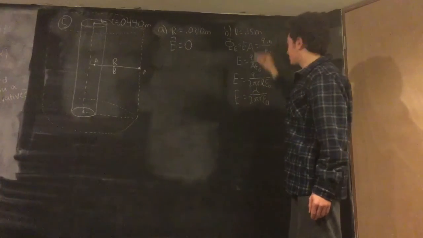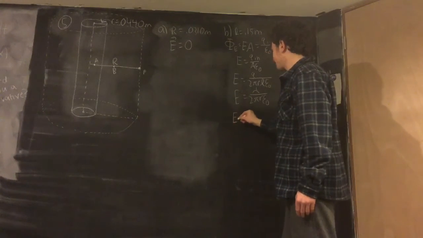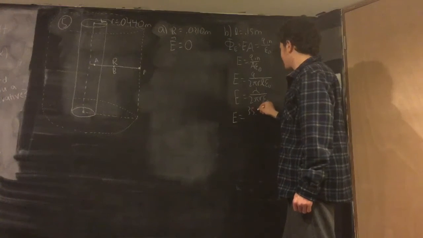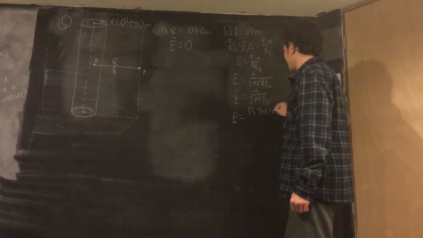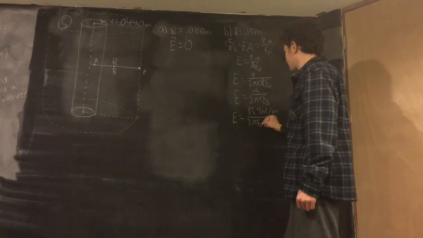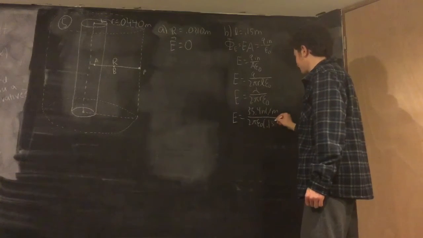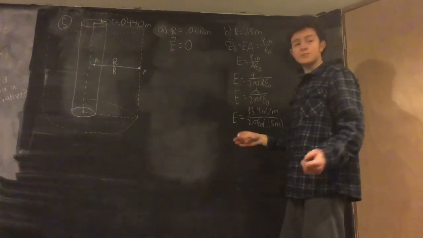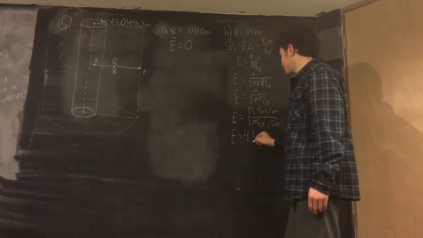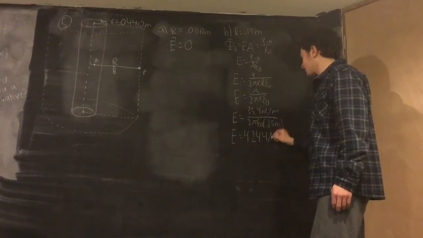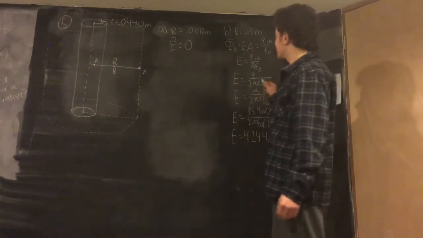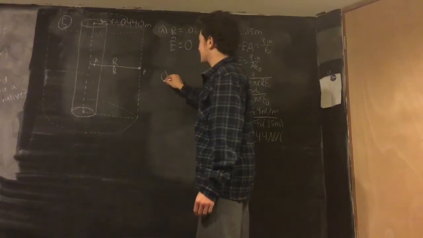We plug in our radius of 0.15 meters, and the problem tells us that lambda is equal to 35.4 nanocoulombs per meter. We get that the electric field is equal to 4.244 newtons per coulomb.